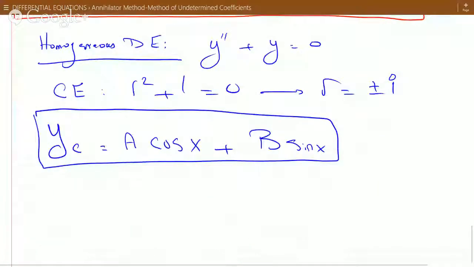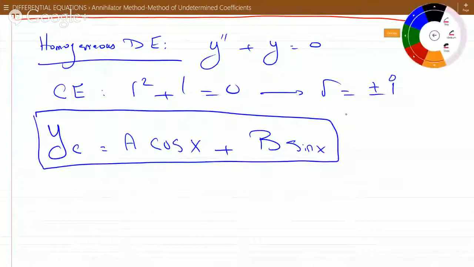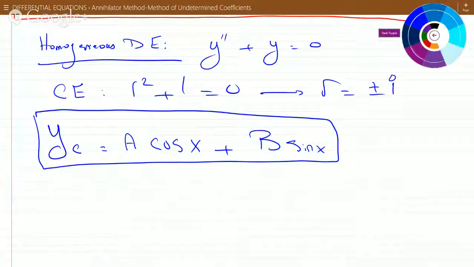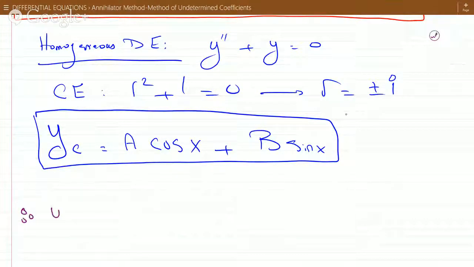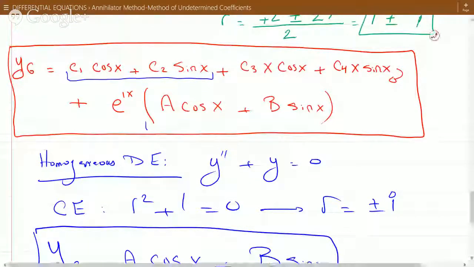The remaining terms in red are the y particular. So therefore, y particular will be everything here in red except the cosine and sine, because this happened to be your complementary.